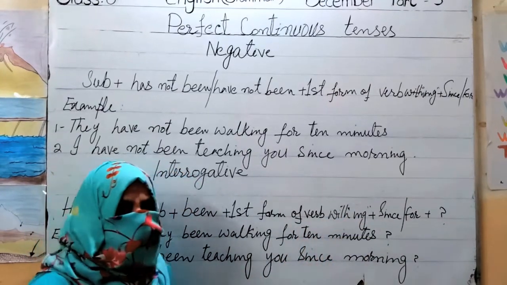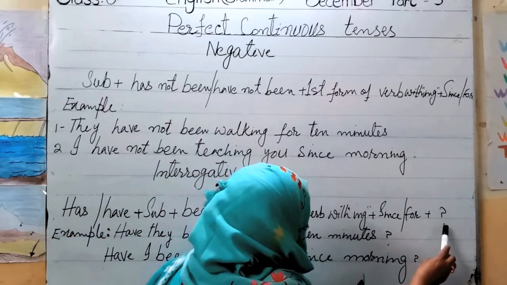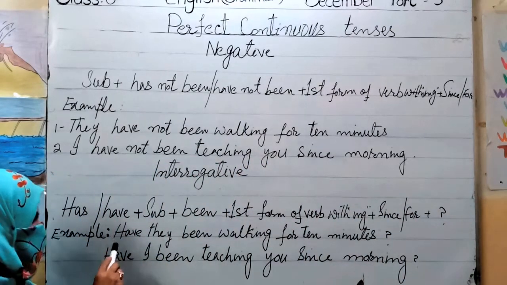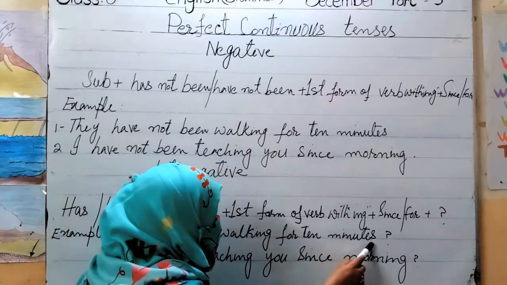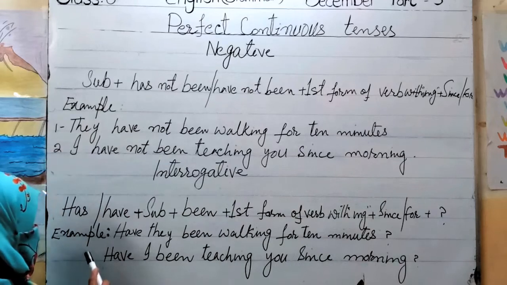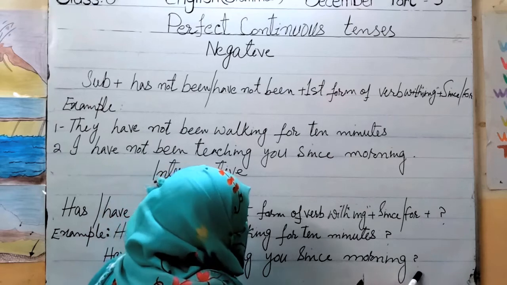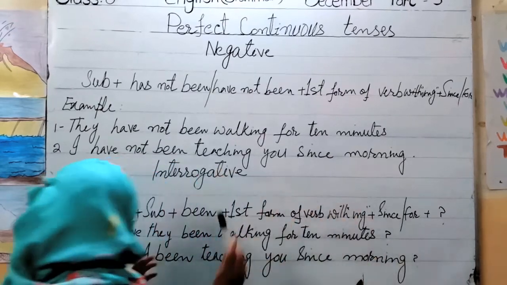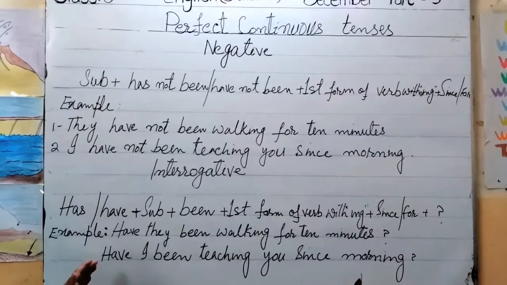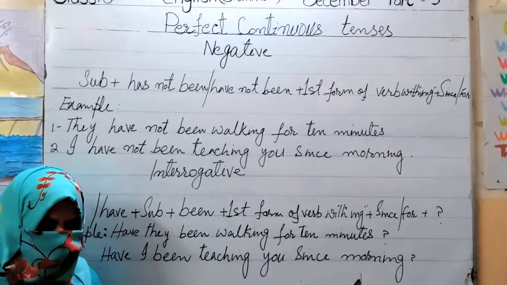But at the end of the sentence, you must mark the sign of interrogation. For example, have they been walking for 10 minutes? Next example, have I been teaching you since morning? Now students, in this way you will make negative and interrogative sentences of present perfect continuous tense.